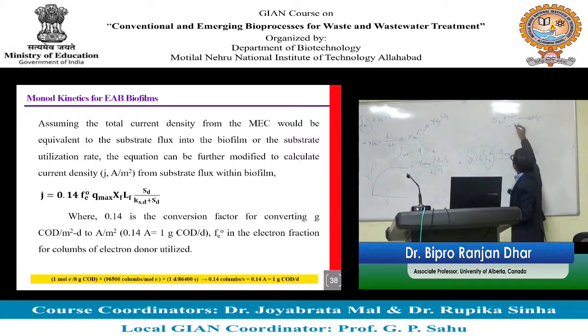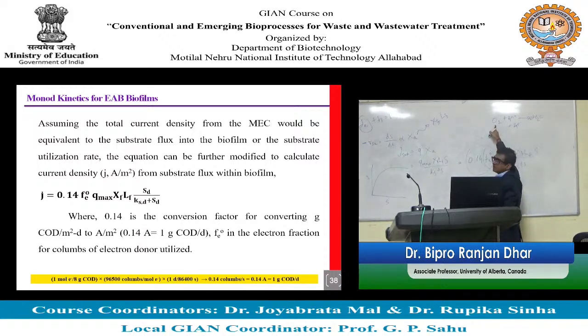It should be 4, okay. And the protons also 4. Proton 4, okay, now it's balanced, right? So now oxygen, how many gram of COD? 32, right? So 32 gram of COD is equivalent to 4 mole of electron.